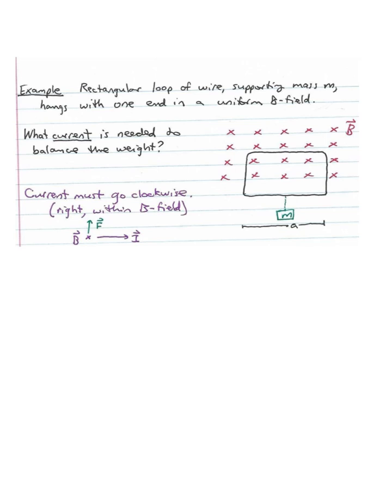Here's another example. Look at the picture that I have to the right. Let's say we have a rectangular loop of wire that is supporting a mass M, and it hangs with one end in a uniform magnetic field. Just one end. The lower side is not in the magnetic field. We want to find out what current is needed to balance the weight.